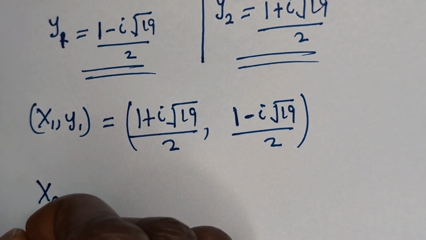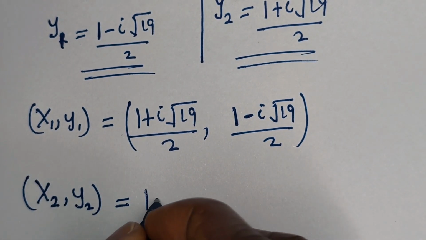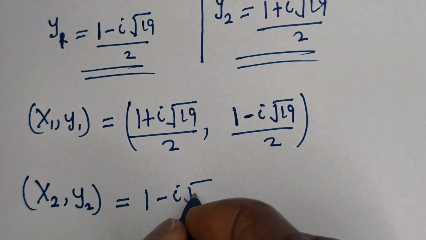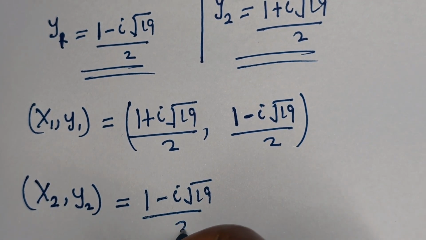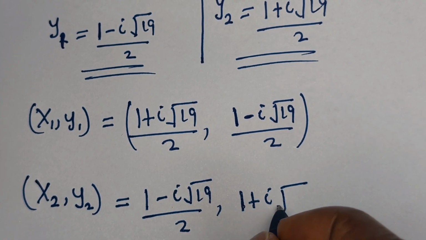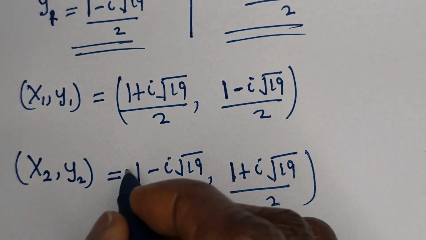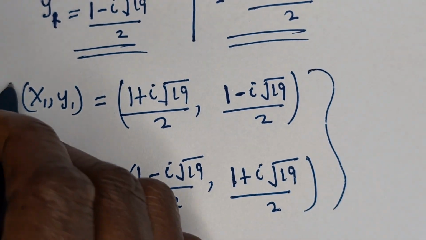Then s2, y2 is equal to 1 minus i root 19 over 2, 1 plus i root 19 over 2. These are the final answers.